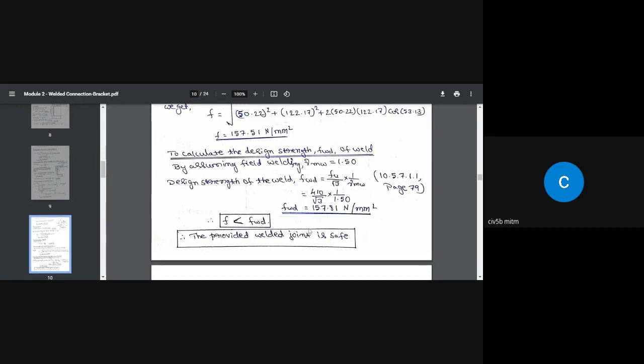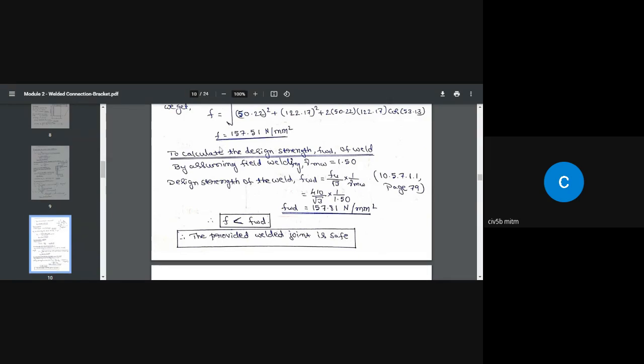So what it means is, this is the design stress developed at the critical weld and this is the design strength. So actual design stress developed is less than the design strength. Okay, then our joint is safe.